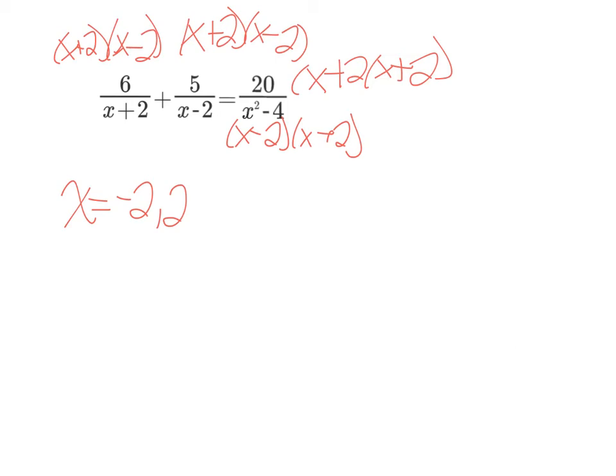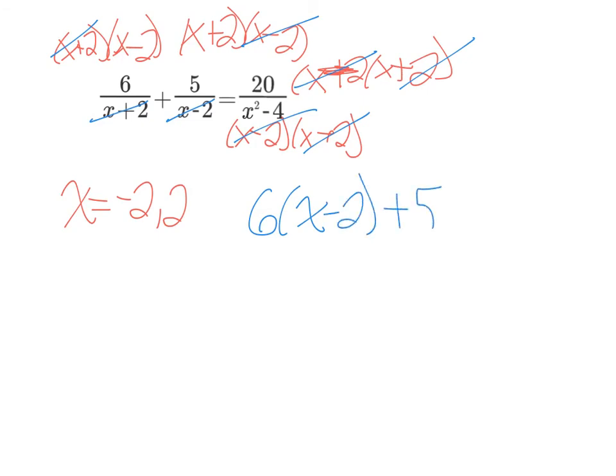Now we're going to cancel stuff out, which is really nice. One of these should be a minus sign. Minus 2 and minus 2 knock out, plus 2 and plus 2 knock out. We end up with 6 times x minus 2, plus 5 times x plus 2. Keep in mind, last time it was a subtraction sign here. Sometimes it's plus, sometimes it's minus.